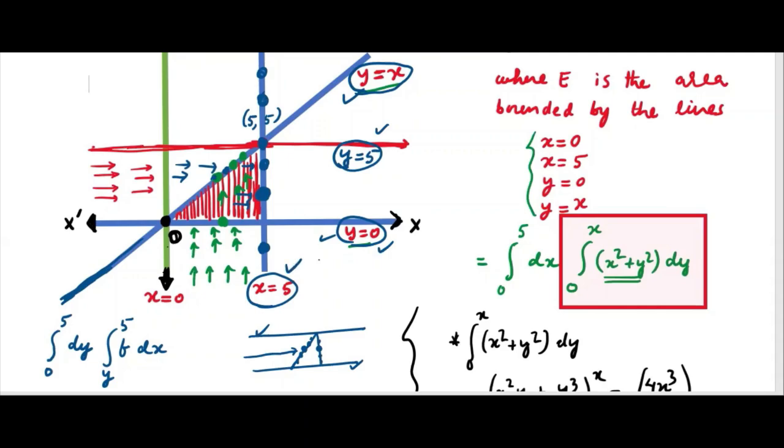See, the equation x=5 is here. This line I know. And the equation of this line is y=x. So the x value here is y, and the x value here is 5. That's why we have written y and 5. Here, the value of x on this line is y, right? And what is the value of x here on this line?